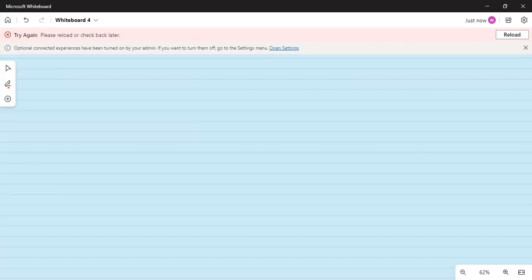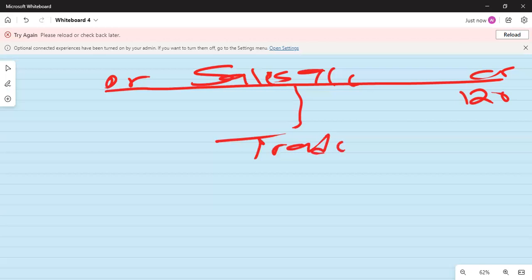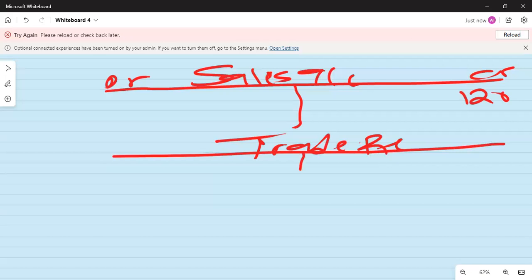What has happened initially is this. The sales account is what is credited, and trade receivable is also credited with 120.